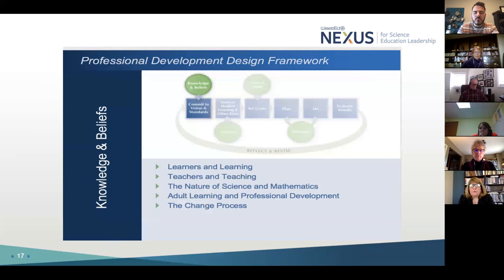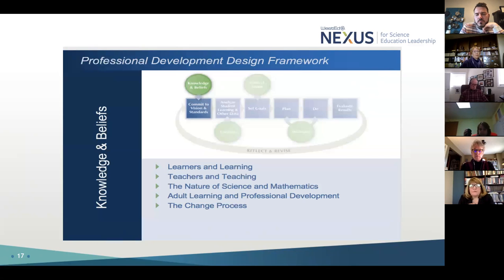We need to be informed by teachers and the nature of teaching and what's possible in both the classroom and the lab, in the community, in terms of the teaching and the opportunity to learn. We have to know the nature of science and mathematics and what we are trying to model that content in all of the work that we're doing.